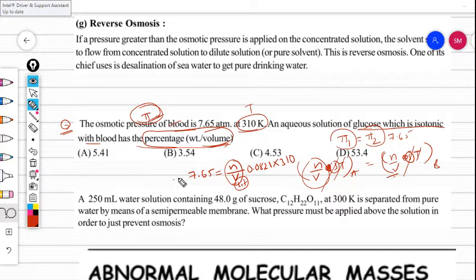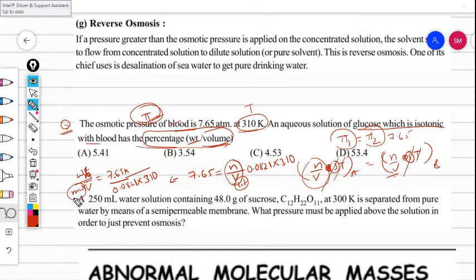Let's say n by V equals 7.65 by 0.0821 into 310. But you have weight, so what is n equal to? It is weight by molecular weight. If I replace this, the molecular weight is going to multiply with 7.65.